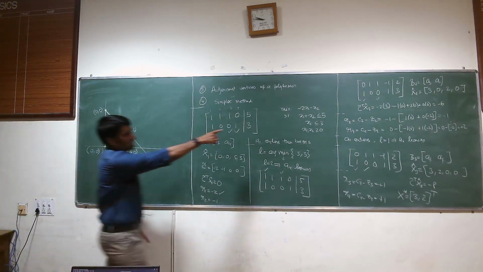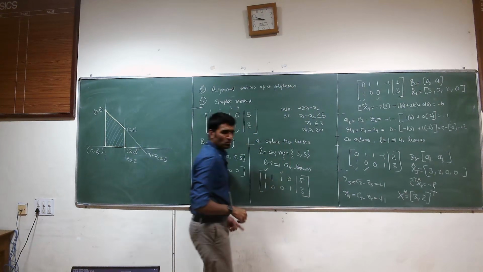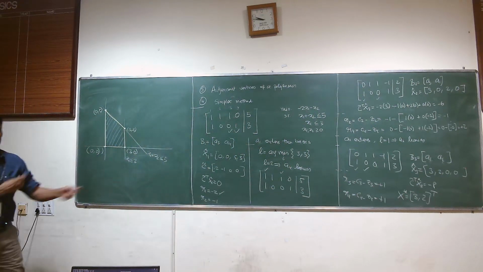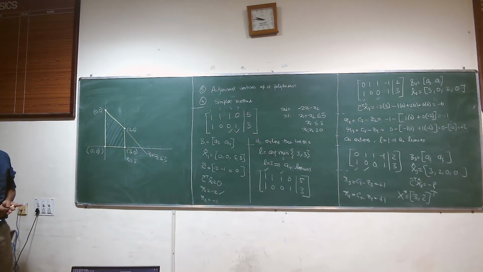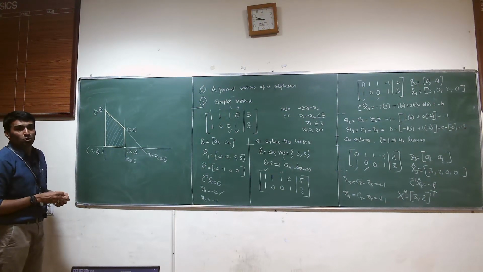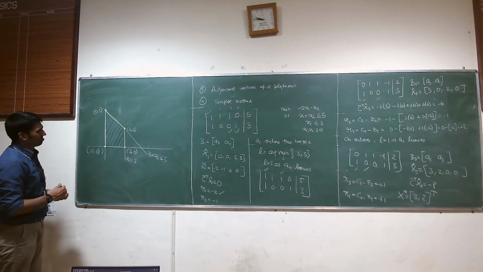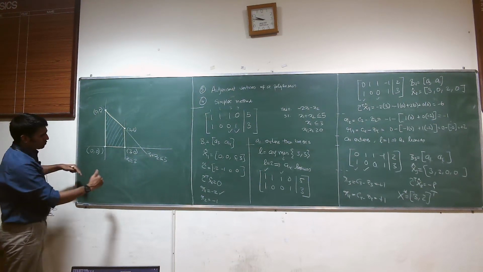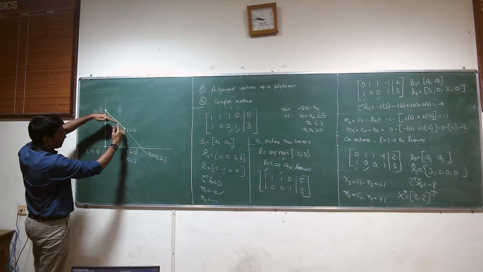Well, this is C transpose X. Minus 2x1 minus x2. Yeah, but what is the slope? Everything depends on the slope, right? Because one of those contours will exactly touch at one of these vertices.